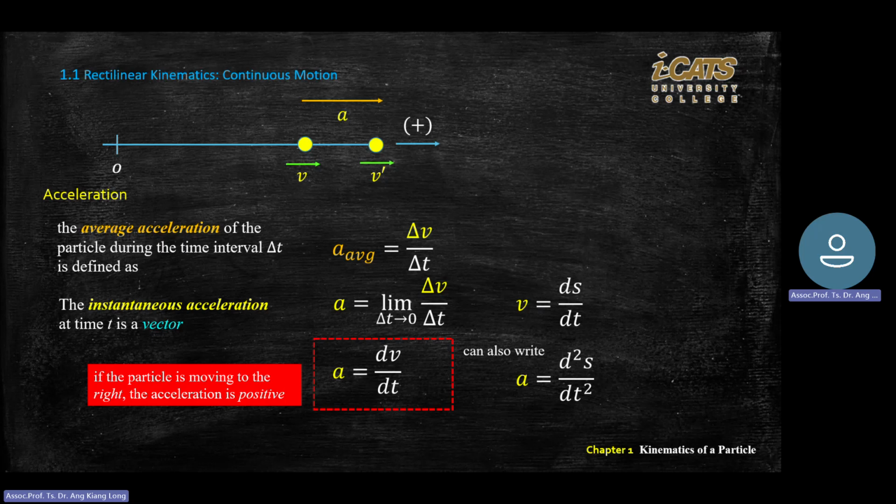You have d squared s over dt squared. So you have 3 equations already. One is v equals ds dt, A equal to dv dt, and also A equal to d squared s over dt squared. You have 3 equations because sometimes the question does not give you v directly. It gives you the s equation. You differentiate twice, meaning double differentiation of the displacement, and you get acceleration.